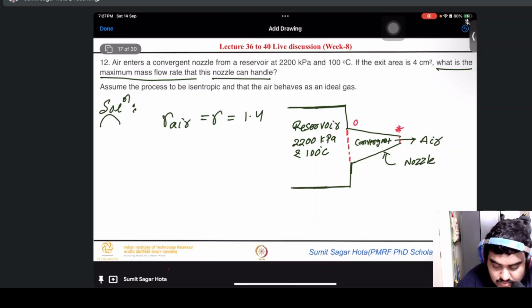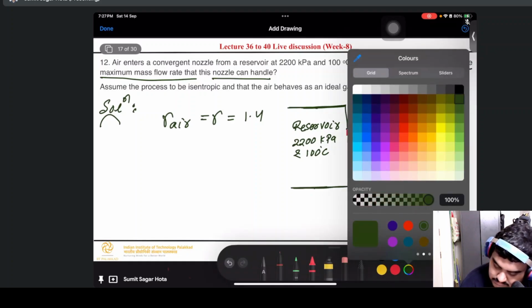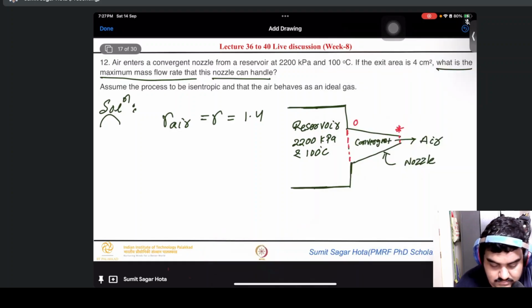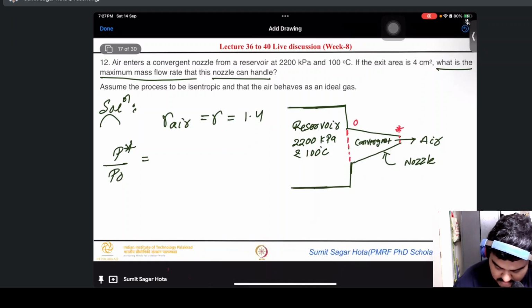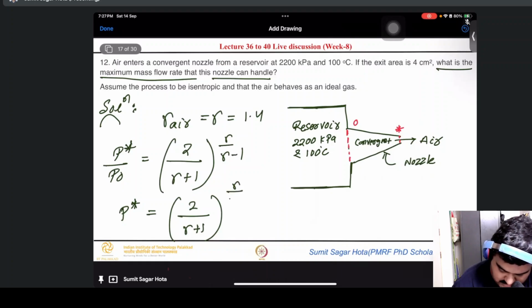In these 2 points we need to find out: P star by P naught is equal to 2 by gamma plus 1 to the power gamma by gamma minus 1. So P star is equal to 2 by gamma plus 1 to the power gamma by gamma minus 1 into P naught.